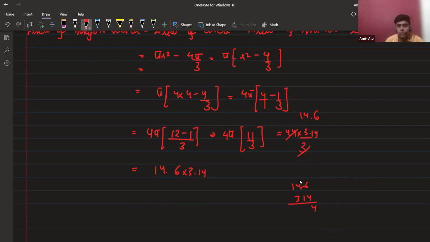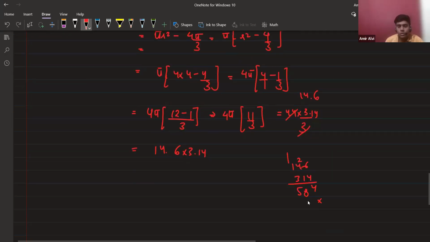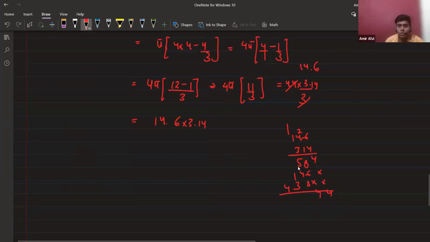So 4, 2, 8, 1, 5 into 6, 4, 1, 8, 3, 4. So it's 4, 4, 9, 10, 18, 4, 5, 4. 3 decimals, no? 3 decimals. So it is 45.844 centimeters square. So it would be approximately this.